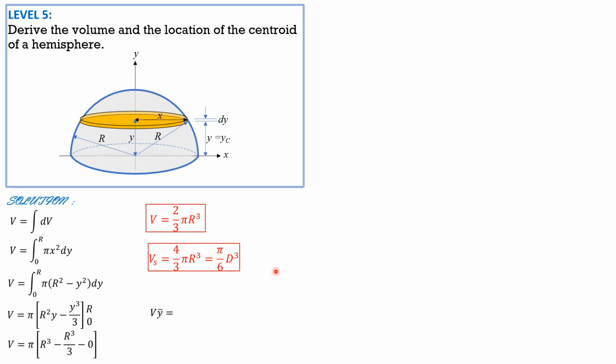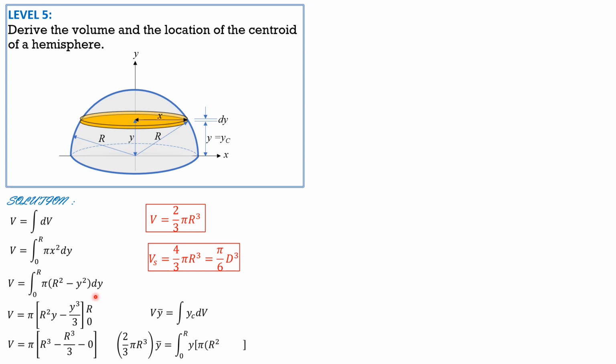For the location of the centroid, volume times y bar equals the integral of y sub c dV, where y sub c is just y, because every element of the horizontal slab of this circular plate is equidistant from the x-axis, so we just call it y. So 2/3 pi R cubed times y bar equals the integral of y.